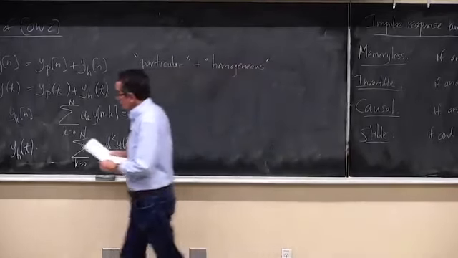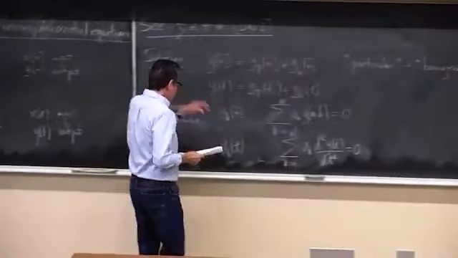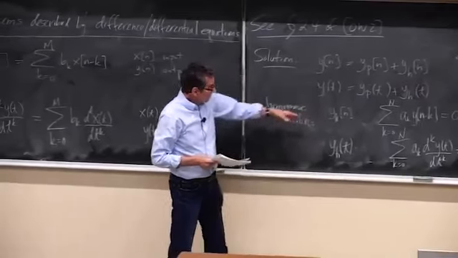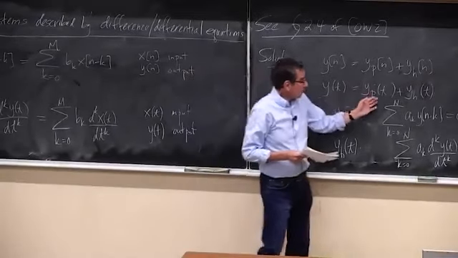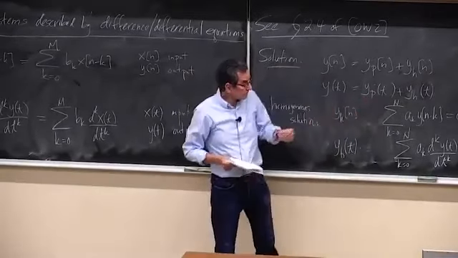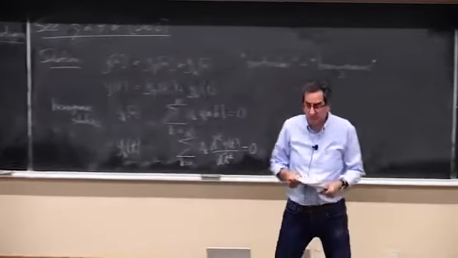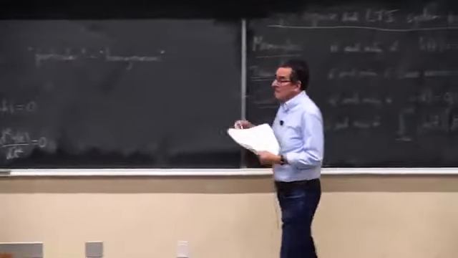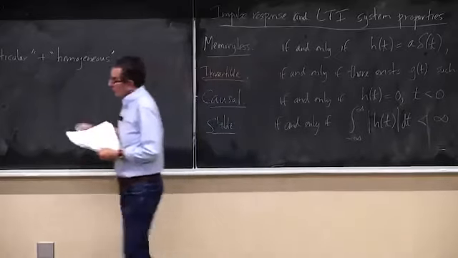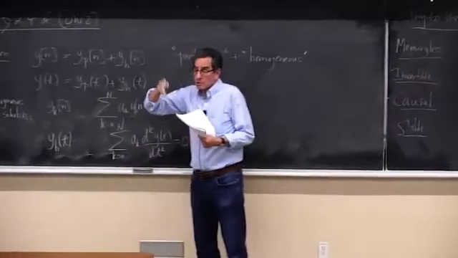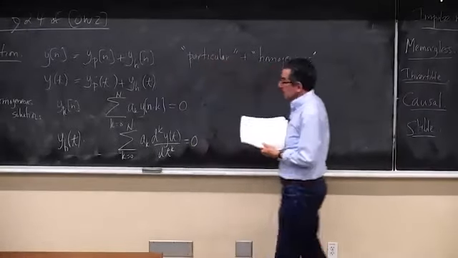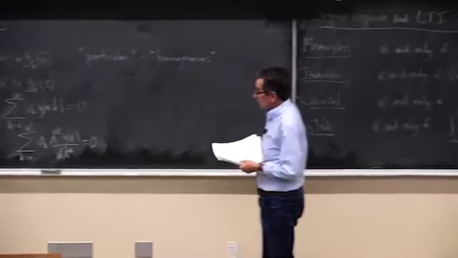And then for the particular solution, there's usually some general form that you guess for it, and then depending on what the actual particular input is, there may be some constant coefficients that you have to nail down.